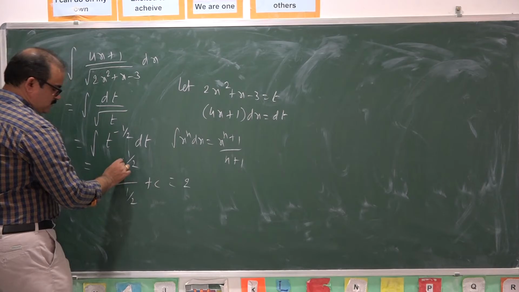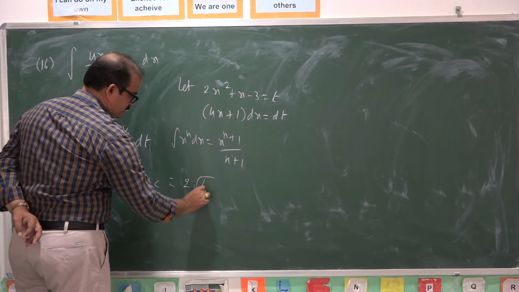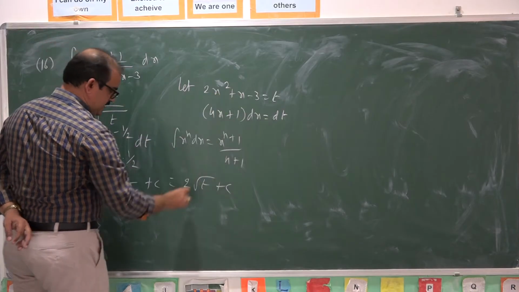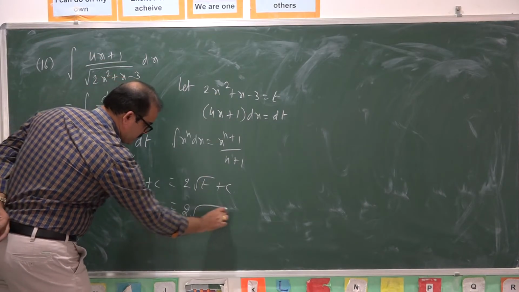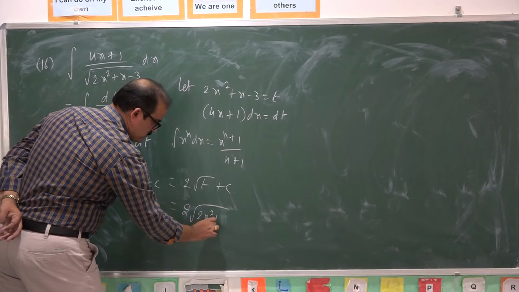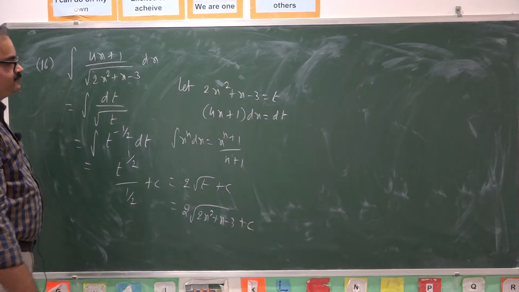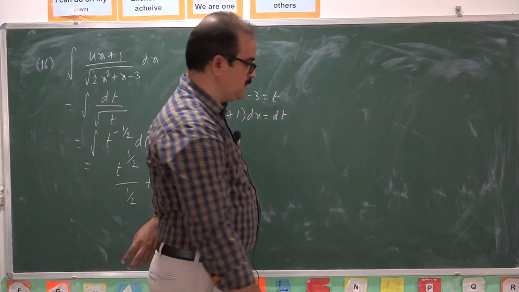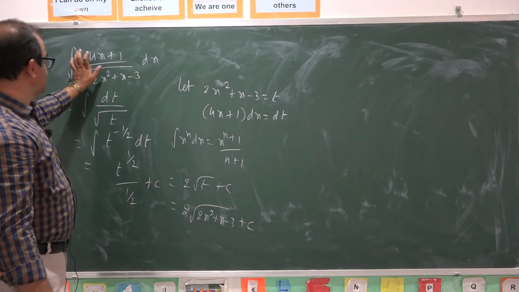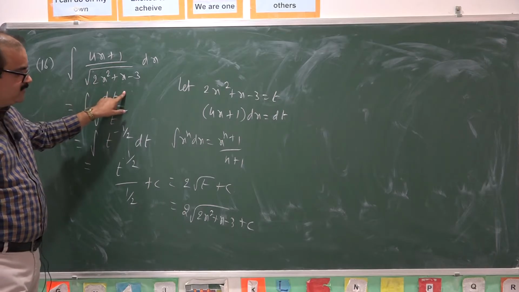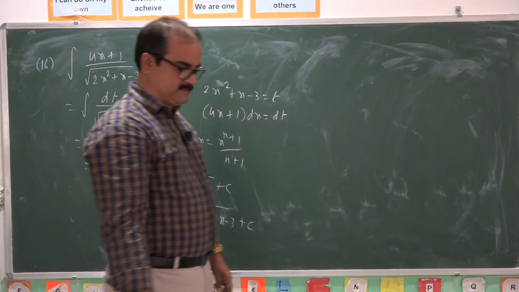This is 2 into root t plus c. But what is t? 2x square plus x minus 3, plus c. If the numerator, this linear form, is not the derivative of the quadratic form, then we follow the special types.